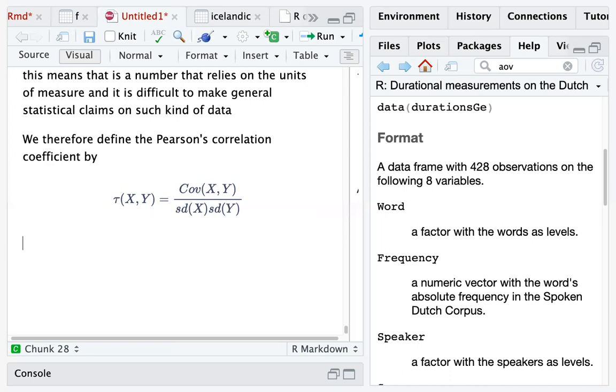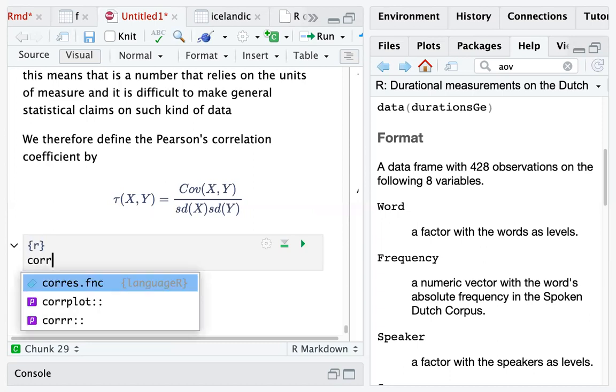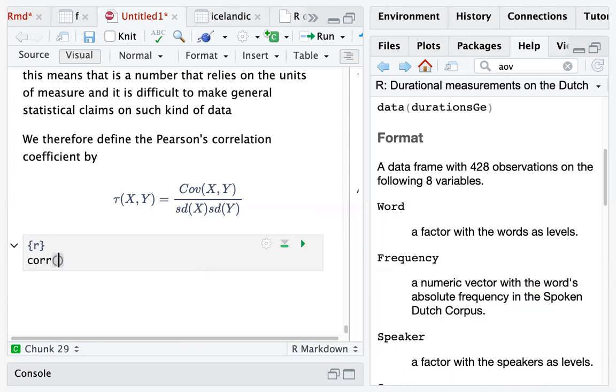Of course, we can compute it. Let's take the correlation between x and y. Before doing that, let me plot it, ggplot.